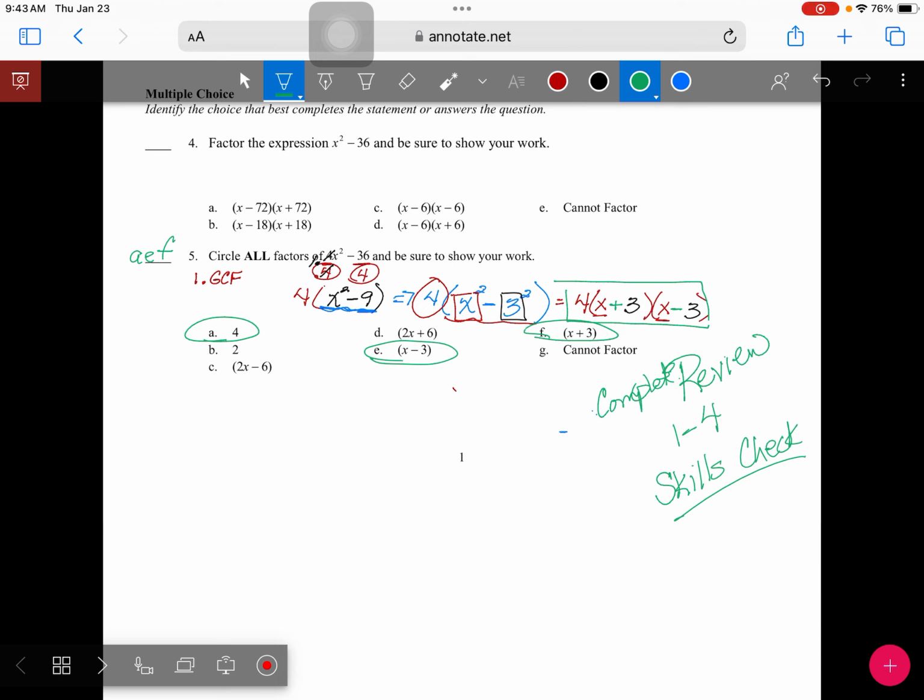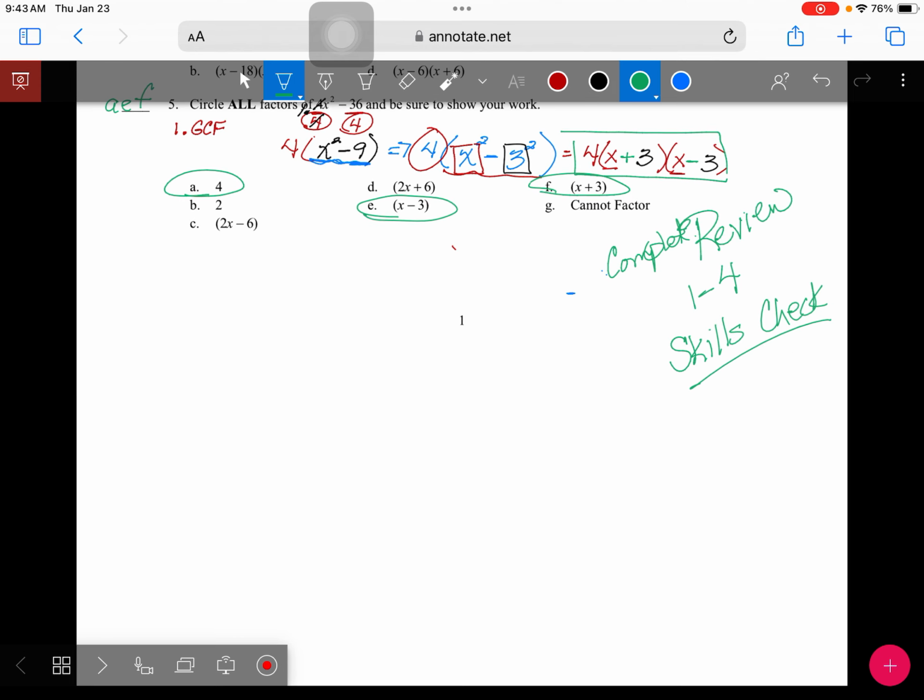This is not the test, but it's going to cover a little bit of everything. So that's going to help me know where you're at and help you. We'll probably do a bell work first, then the skills check. Monday we will review some more, and Tuesday will be test. Again, if you haven't looked at the videos, please make time to watch the videos, okay?